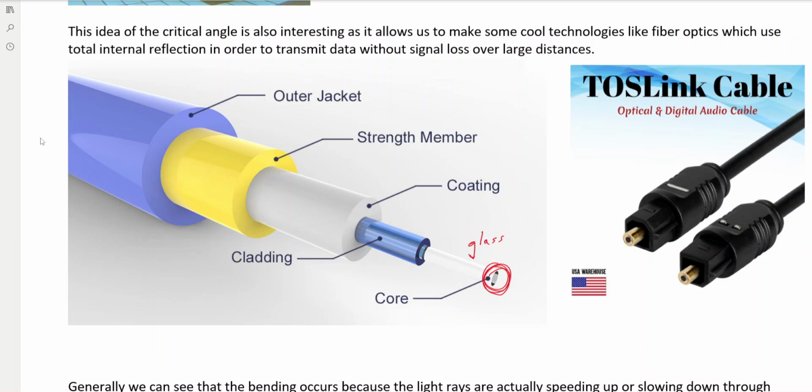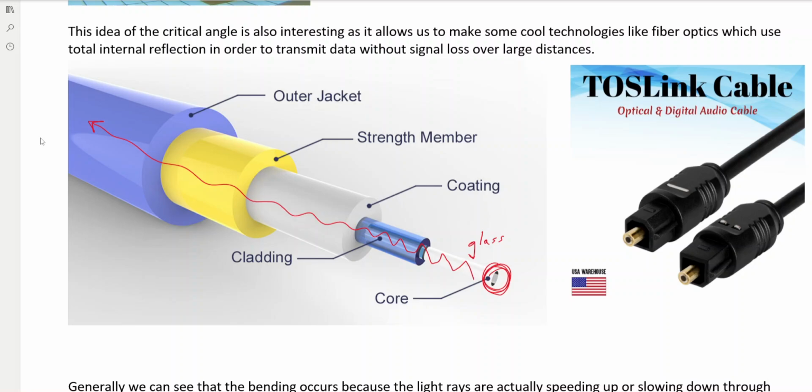This glass can actually break, so these cables can't bend very much. But basically, all the light will bounce inside, back and forth, all the way through the wire to the other side.